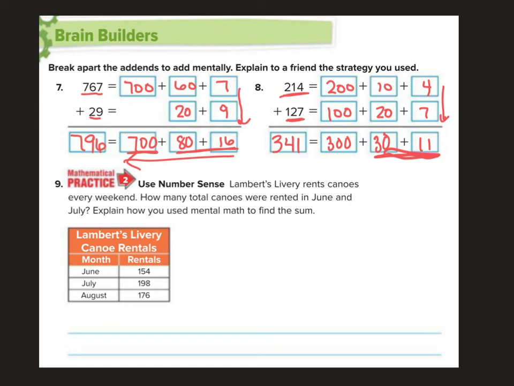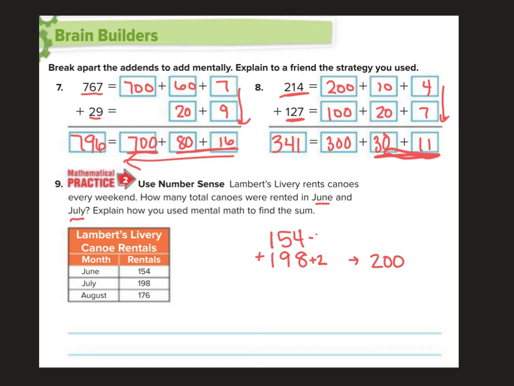Alrighty. Using number sense, Lambert's Livery rents canoes every weekend. How many total canoes were rented in June and July? Explain how you use mental math. Okay, so we're doing 154 plus 198. So what I'm going to do is add 2 to 198 to make 200.